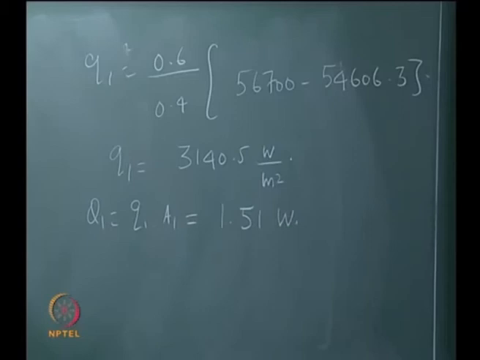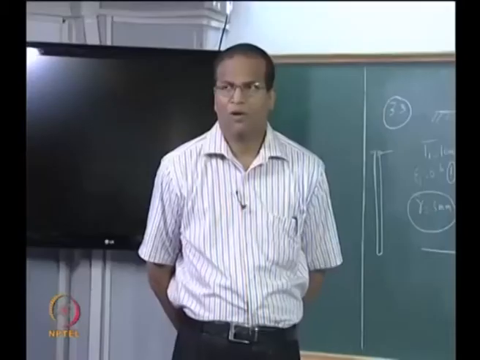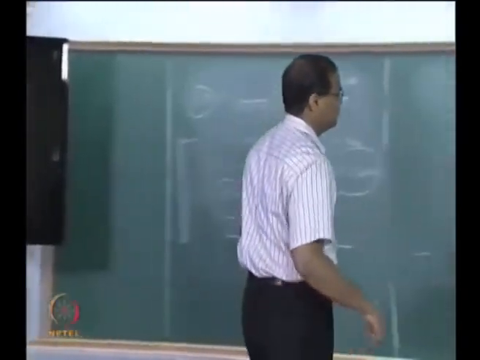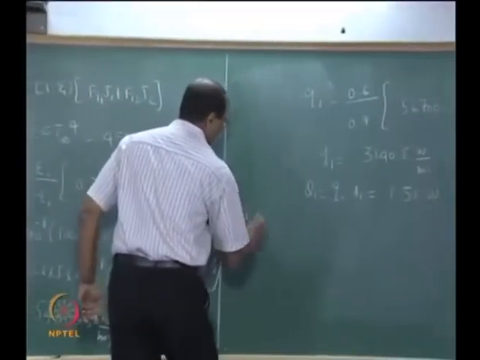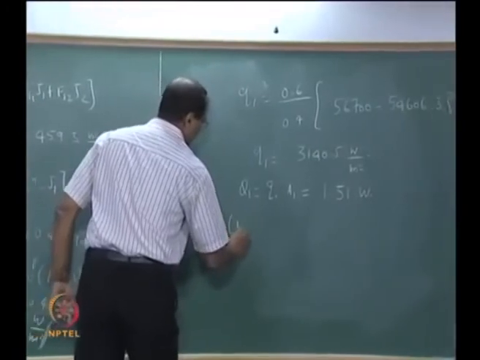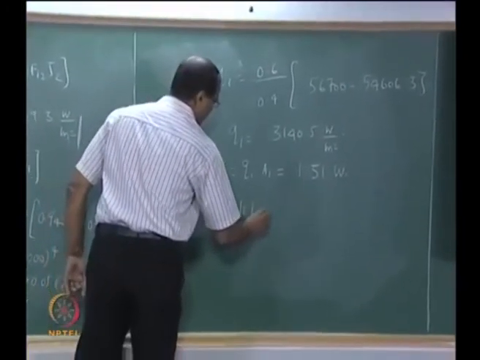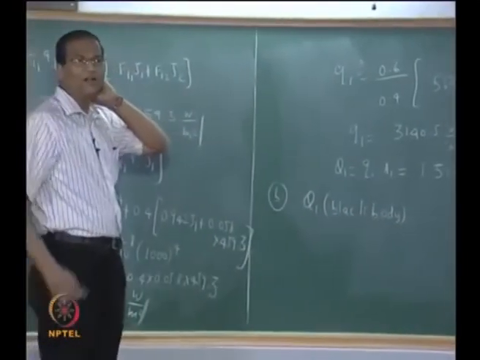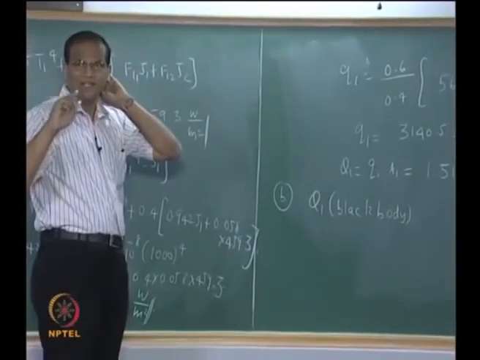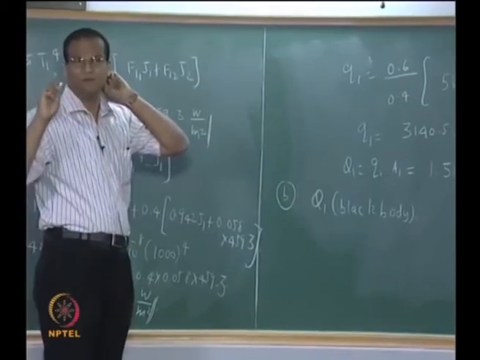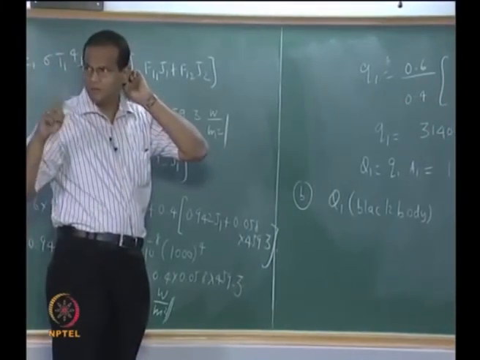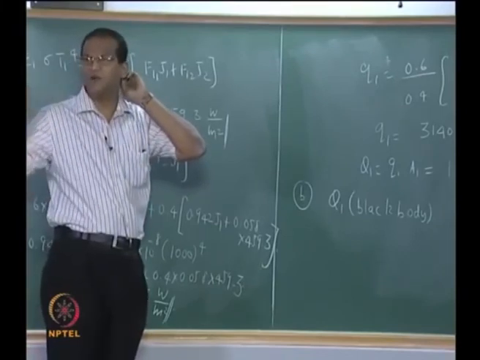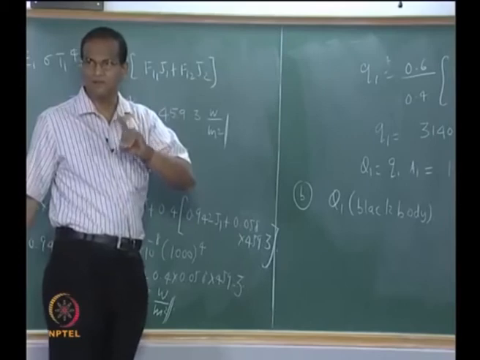I hope it's clear, okay, but you will have to revise this. Now as far as part B is concerned, what will be Q1 for the black body, that is the opening, there is a 6 mm dia surface which is having a temperature of 1000 Kelvin, which is radiating to outside at 300 Kelvin, correct.